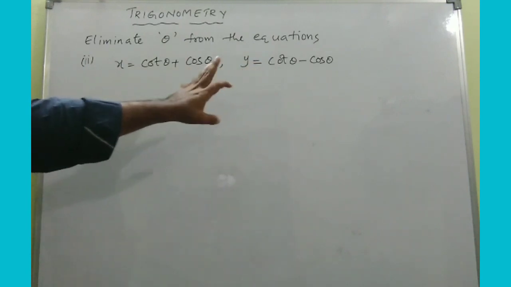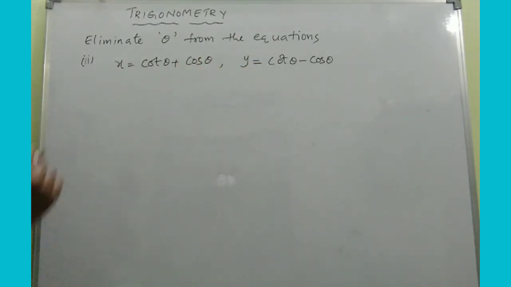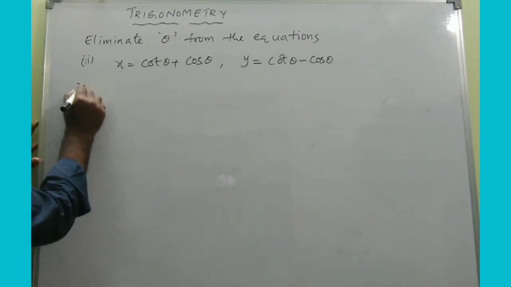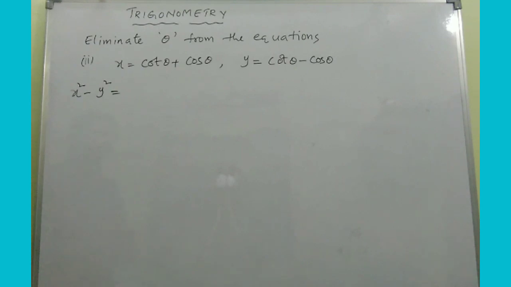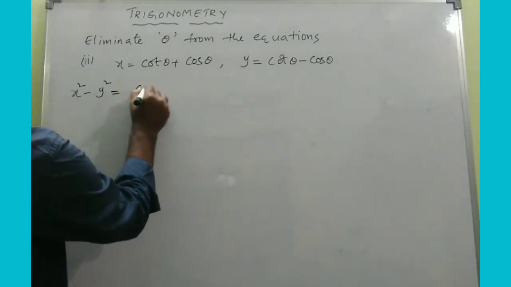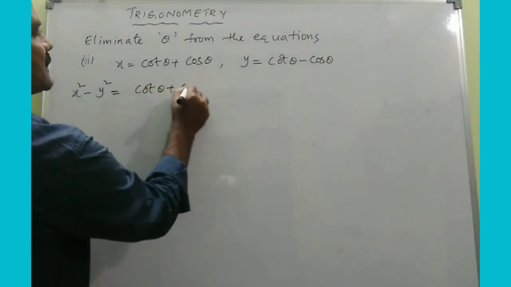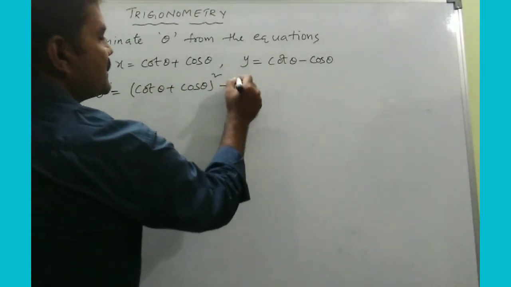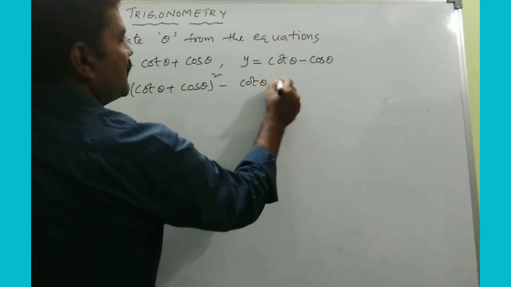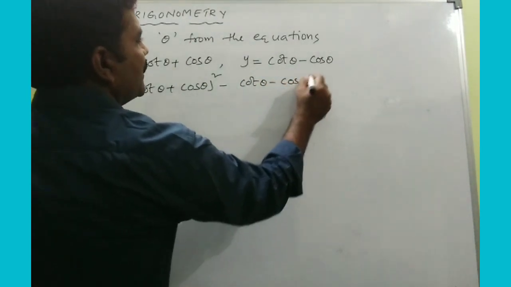Whenever there is a plus b and a minus b, you do one thing: better to square and subtract, x square minus y square.